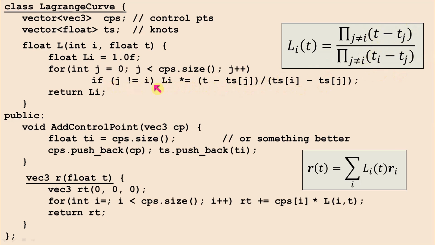Of course, we skip the case when i is equal to j, because that would lead to a 0 in the denominator, so our program would crash. When the for cycle is over, in the Li parameter we have the value of this function, so we return it, and the returned value is used as a scalar for the control points as required by the Lagrange interpolation formula.